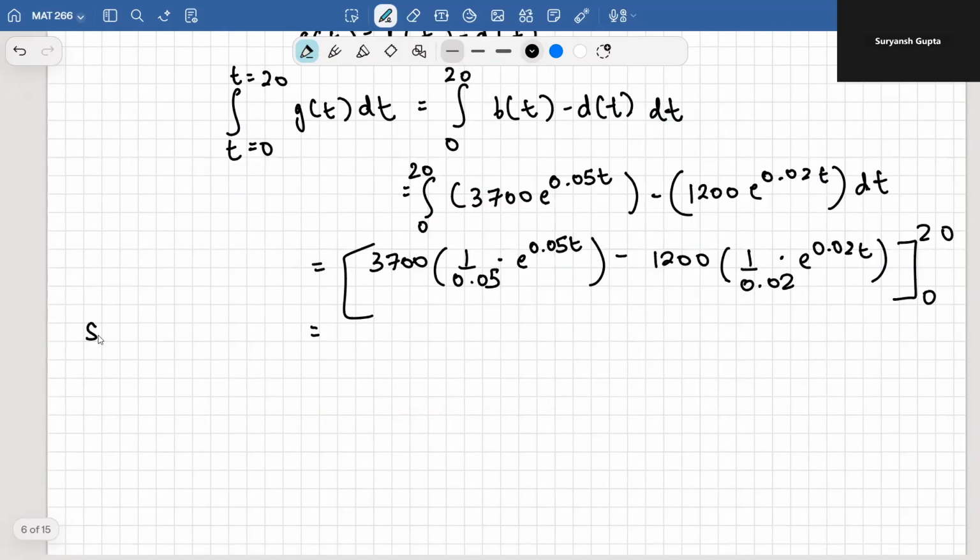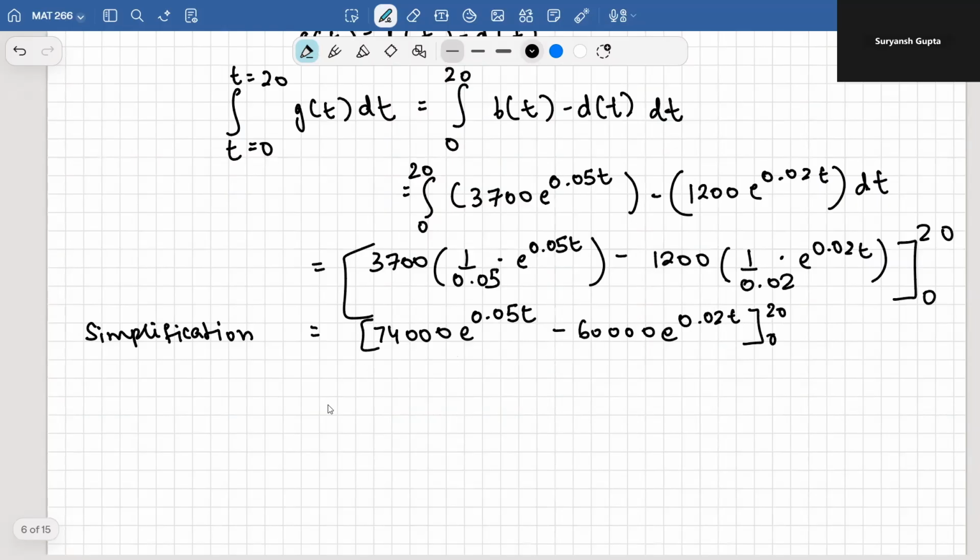So simplification, I get 74,000, which is 3700 divided by 0.05, times e to the power 0.05t, minus 60,000, which is 1200 divided by 0.02, times e to the power 0.02t, and my bounds are from 0 to 20 for this whole function.